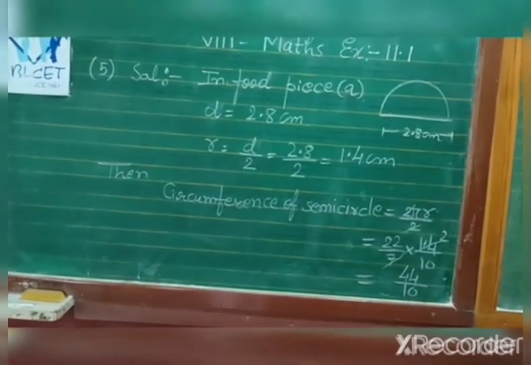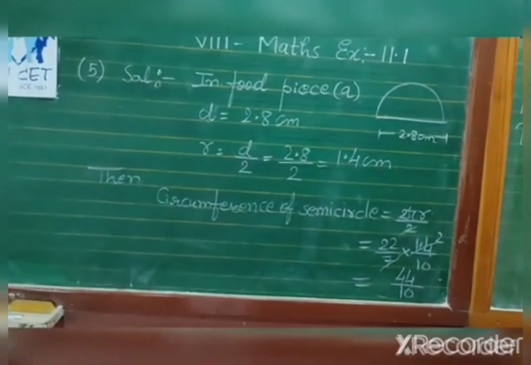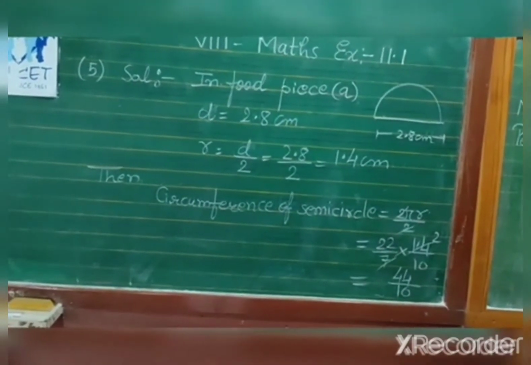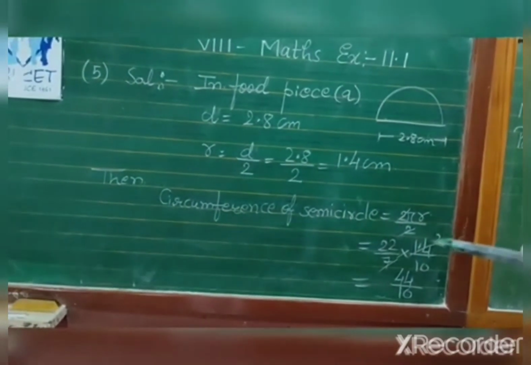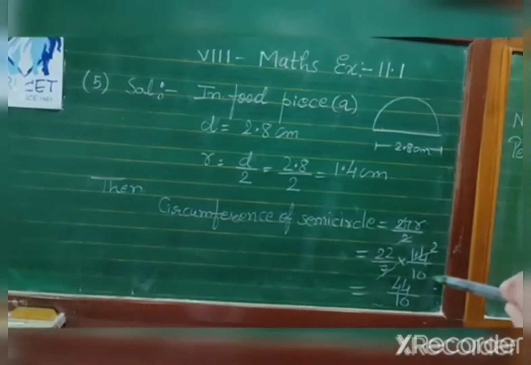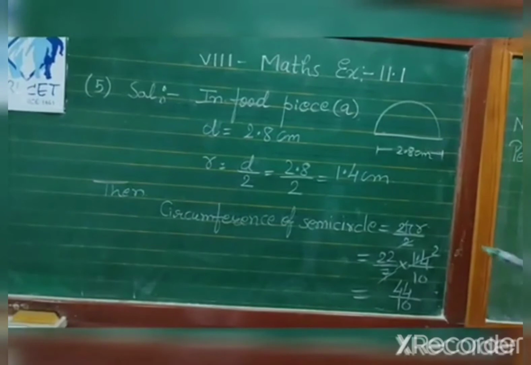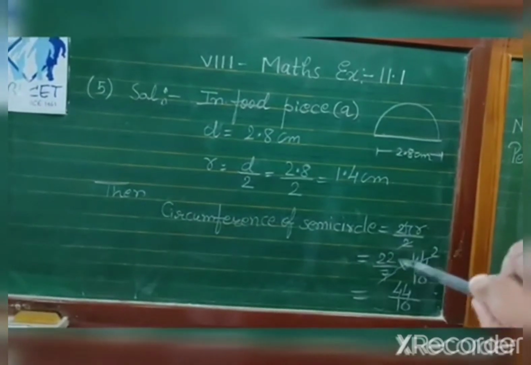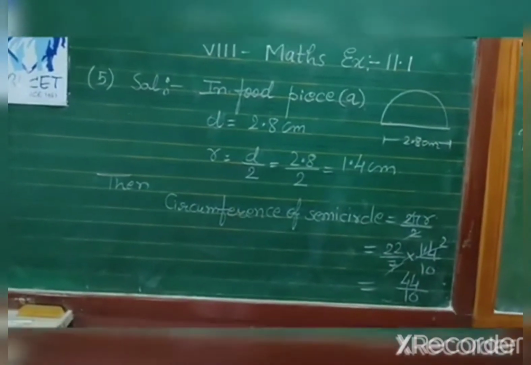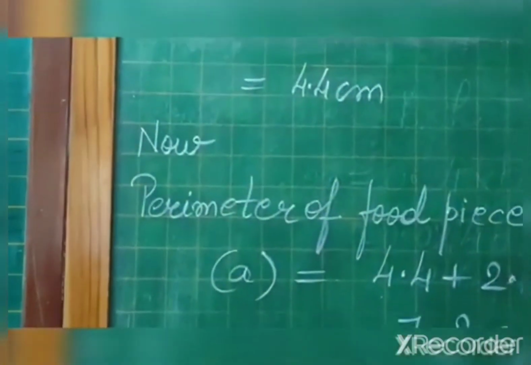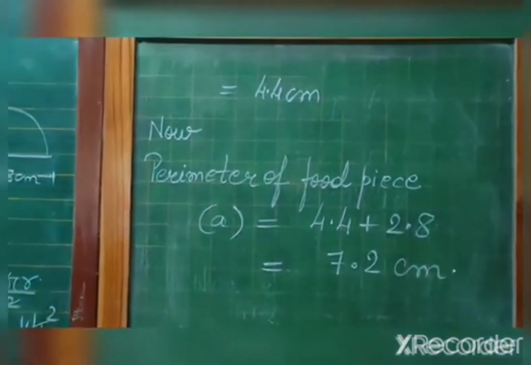So circumference of semicircle will be pi r. The value of pi is 22 by 7, and r is 1.4. When you remove the decimal, after decimal 1 digit, I have put 10 in the denominator. Now 7 2s are 14, and 22 2s are 44 upon 10. So we will put the decimal one place before. So circumference of semicircle is equal to 4.4 centimeter.